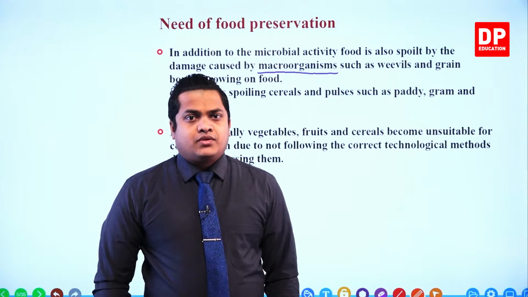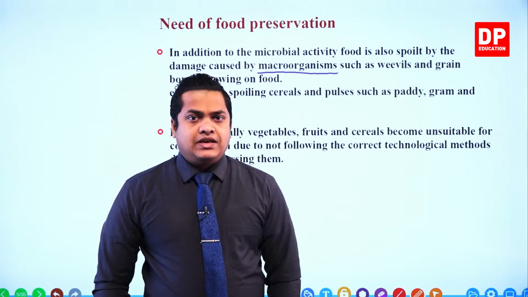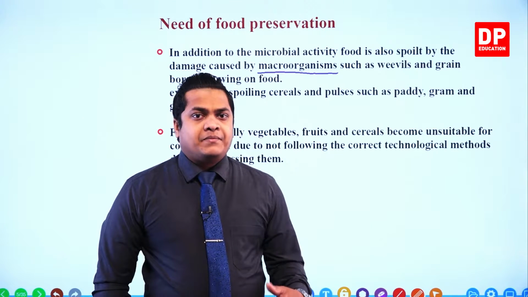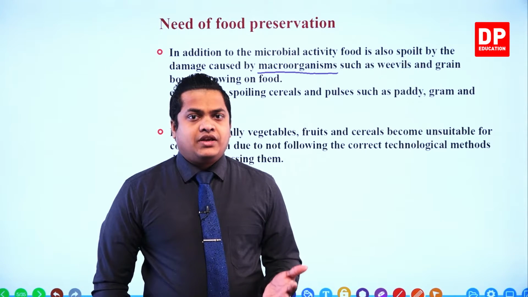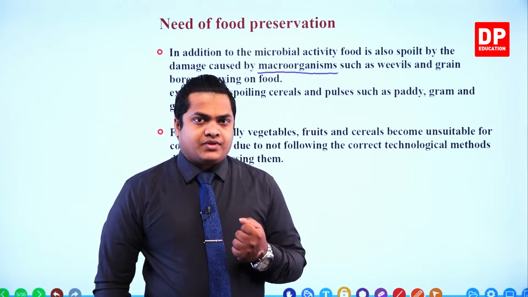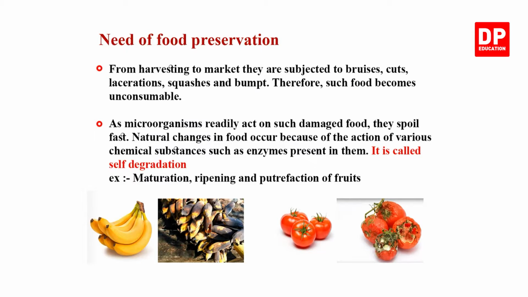Okay, so in this part we mainly discussed the methods by which we can observe that the spoilage of food can happen. Right then. So from harvesting to market, they are subjected to bruises, cuts, lacerations, then squashes and bumps. Therefore, such food becomes unconsumable.